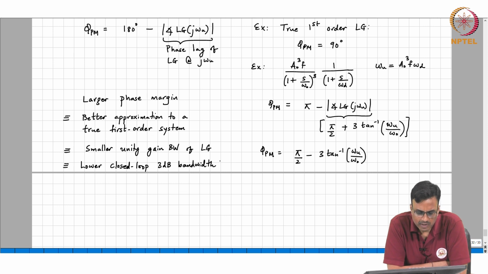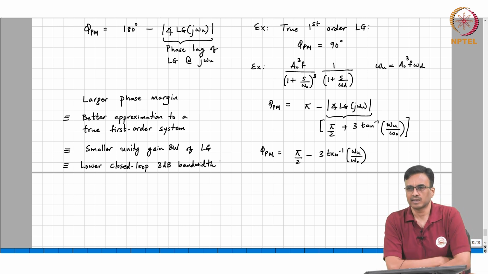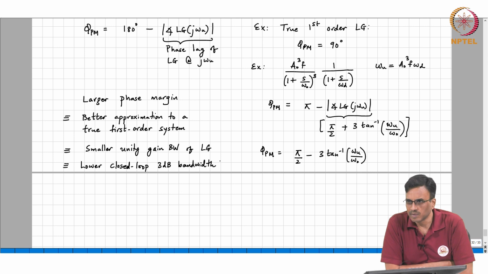If you want higher bandwidth, then you have poorer phase margin. If you have poor phase margin, what does it actually mean? Yeah. So, the smaller the phase margin, the closer the system is to instability.